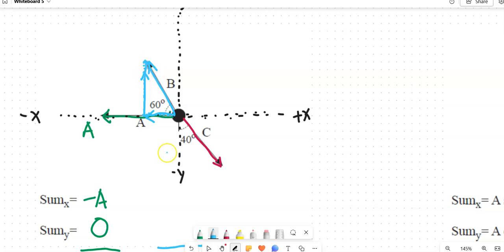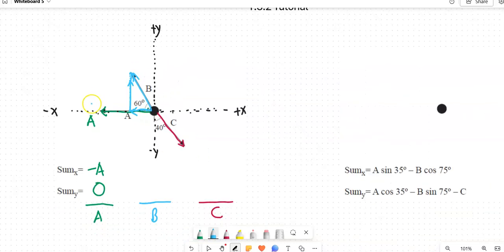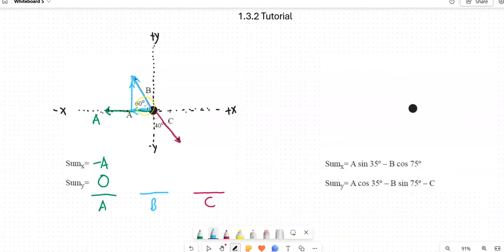Now, what we have to do is decide how to write this. We have a hypotenuse and we have an angle 60 degrees. So how do we write the upward vector and the horizontal vector in terms of that hypotenuse, B vector, and 60 degrees? Well, that's where your trigonometry comes into play.